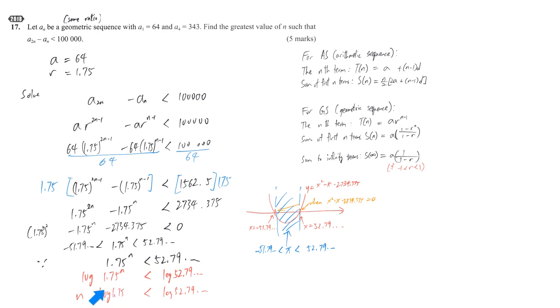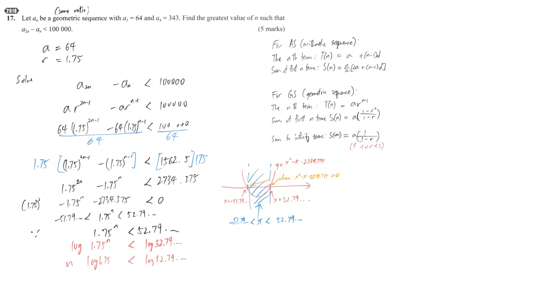Afterward, we are going to divide both sides by this item, but check carefully whether this one is larger than 0. If this is negative, then it triggers a change in the direction. This time this is a positive value, so we can directly divide. Both sides divided by log 1.75, and we don't need to change direction.